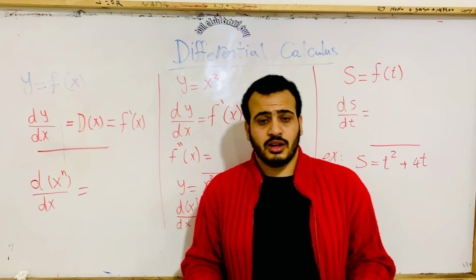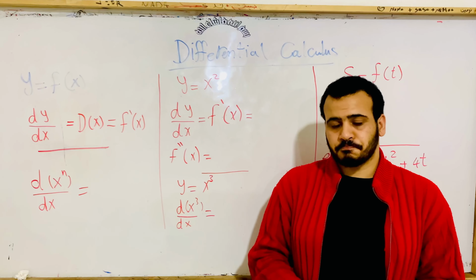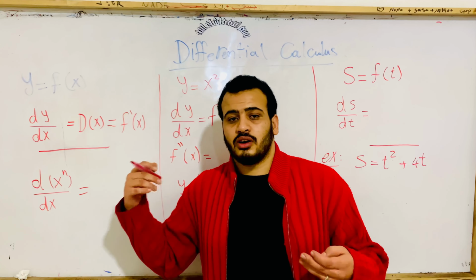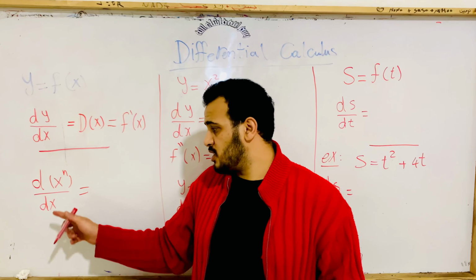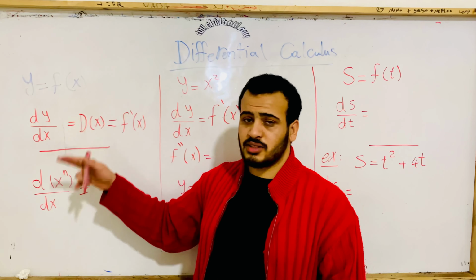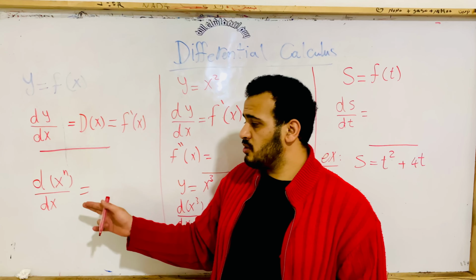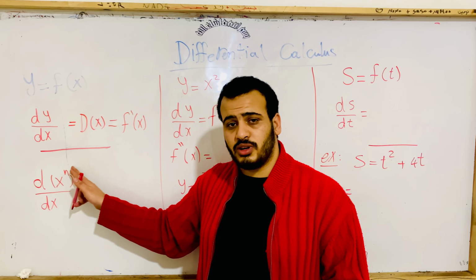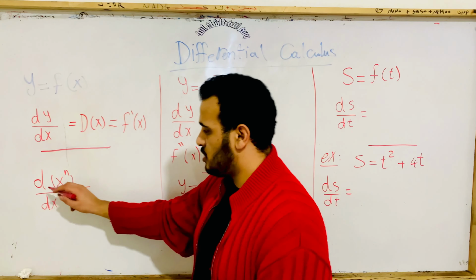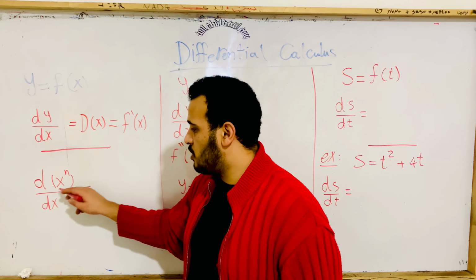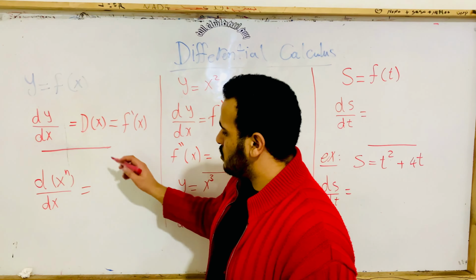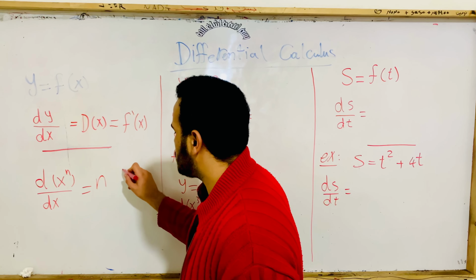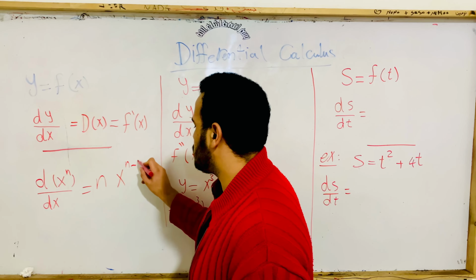So derivatives. How can we find the derivative of a function? The most basic rule we need to know is the general formula for the relation between a function and its derivative. The derivative of a variable raised to a constant, such as x raised to the power n, is going to be equal to n times x raised to the power n minus 1.